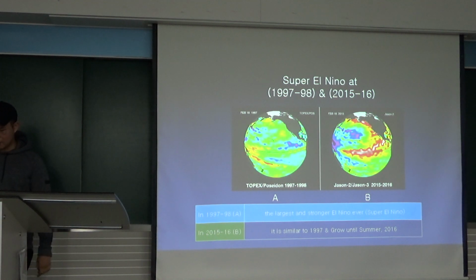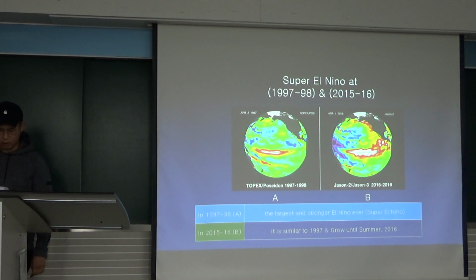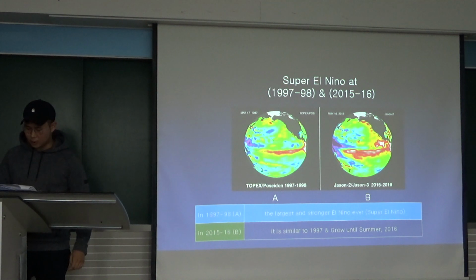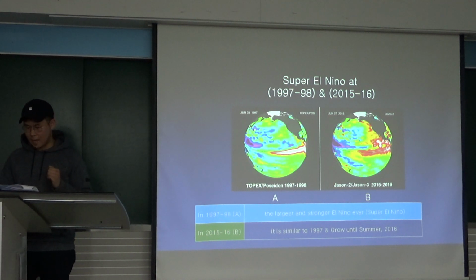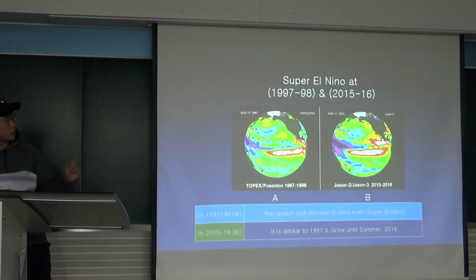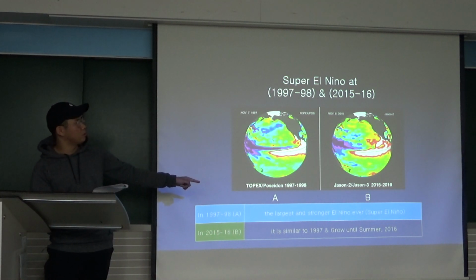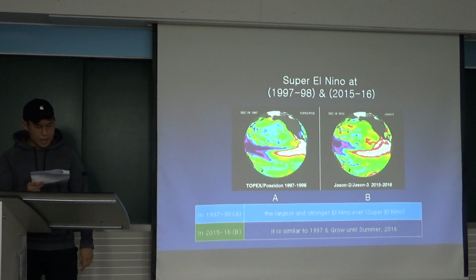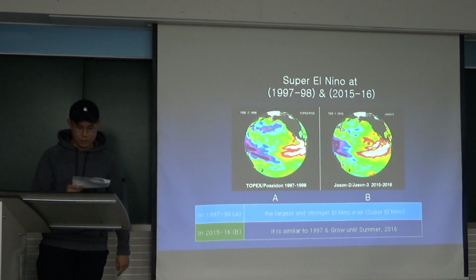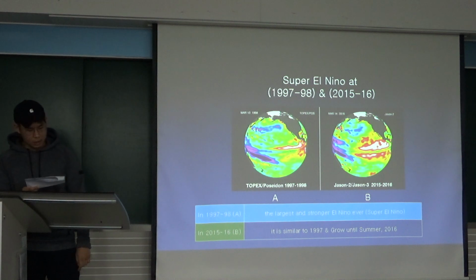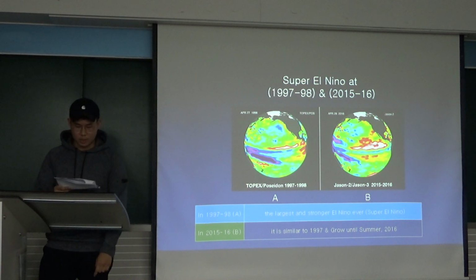And here we provide a side-by-side comparison of the Pacific Ocean during the famous 97-98 event, which was a Super El Nino, which is A, and 15-16, which is B. The A El Nino peaked in November 1997, and the B El Nino peaked in January 2016.